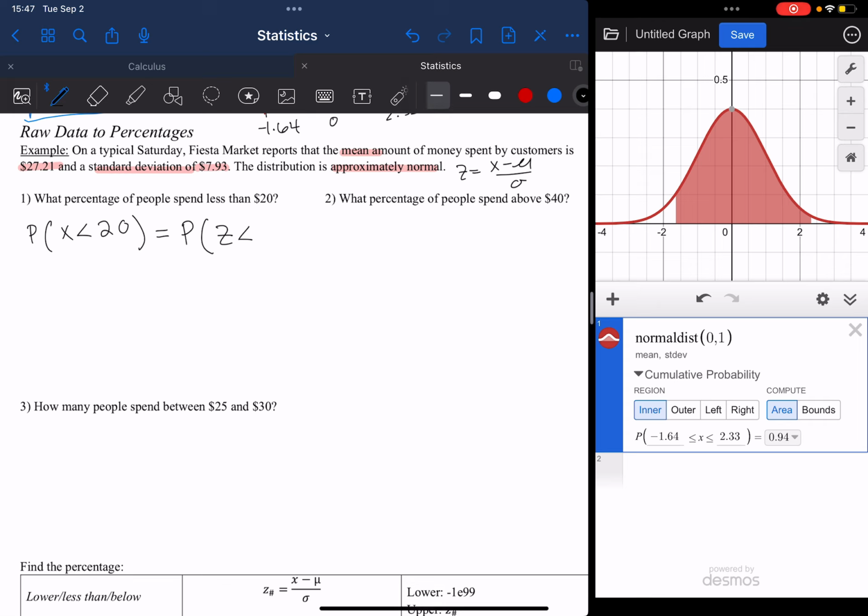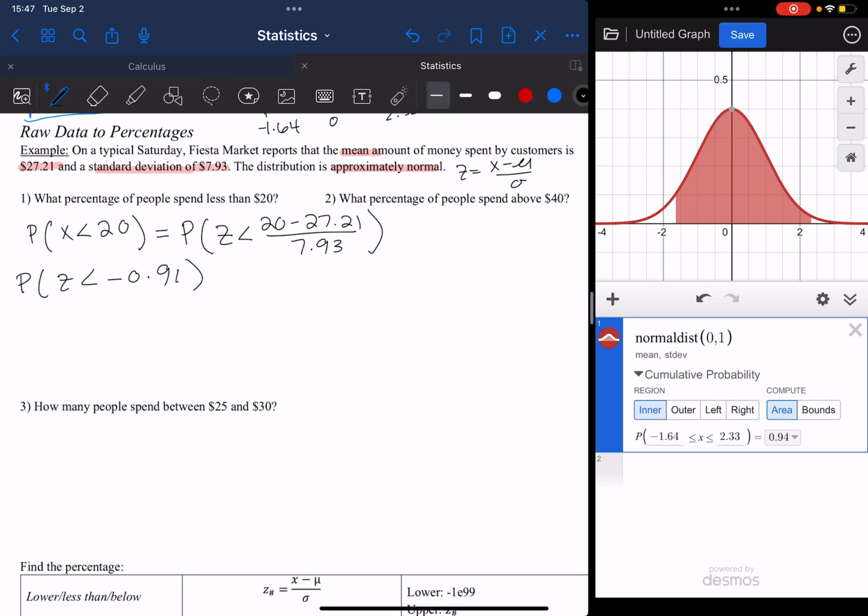So I'm going to say Z is less than 20 minus 27.21 over 7.93. If I simplify that, I get the probability that our Z-score is less than negative 0.91.